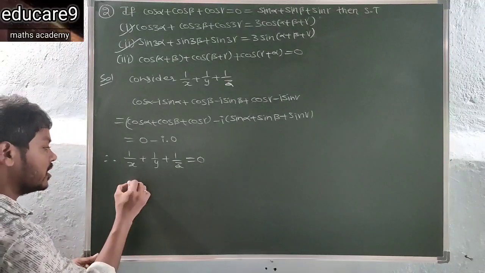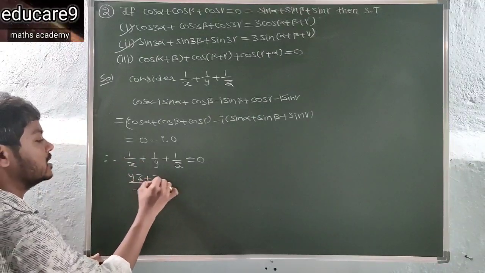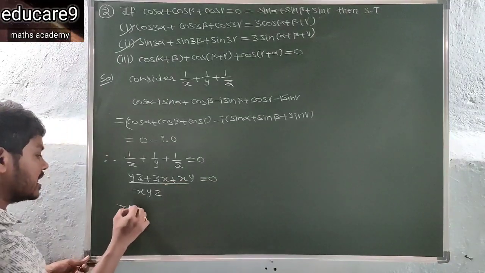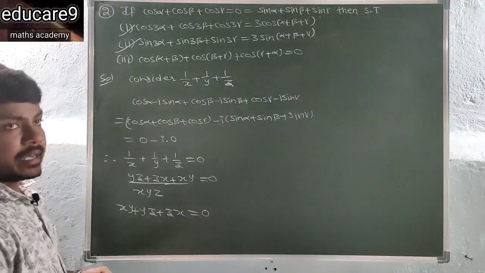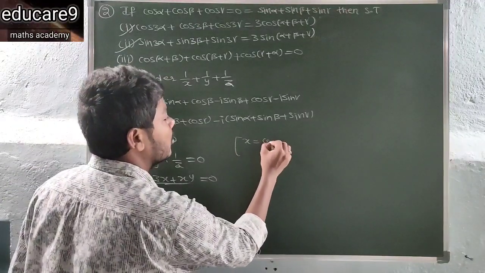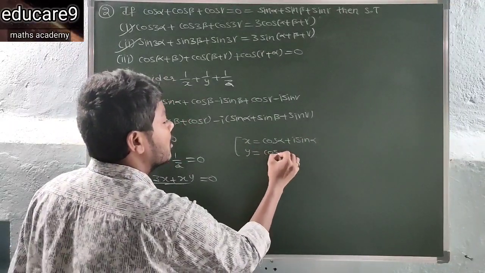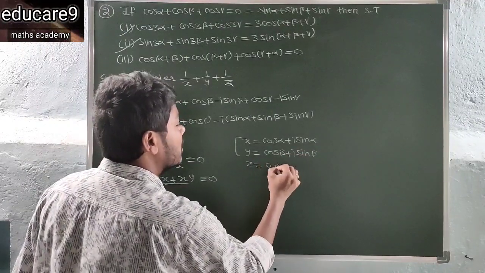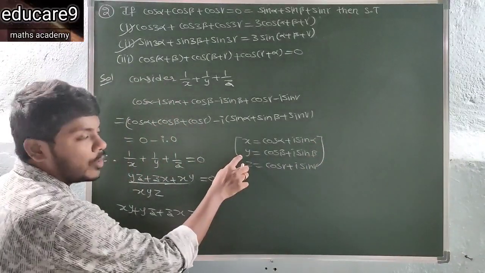Now take LCM here. What you get? xyz is the LCM, and here yz plus zx plus xy is equal to 0. Again this is xy plus yz plus zx is equal to 0. See here x into y, that is, see here x is equal to cos alpha plus i sin alpha, and y is equal to cos beta plus i sin beta, and z is equal to cos gamma plus i sin gamma. Now multiplying x into y, so what you get?